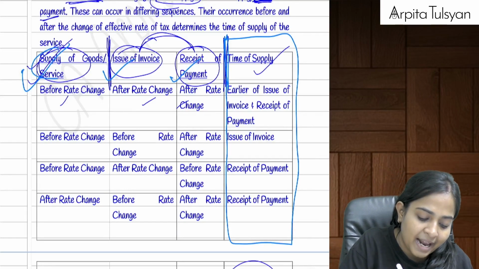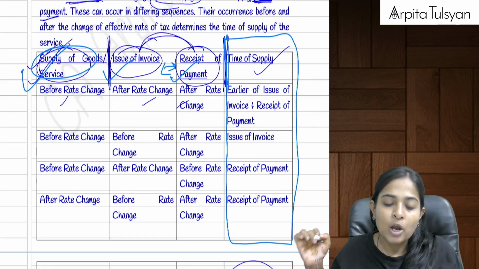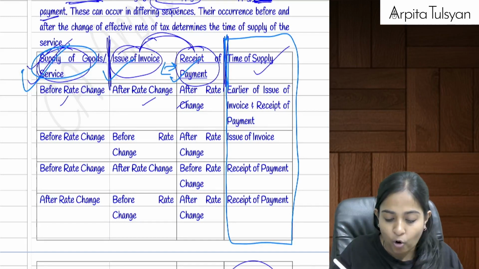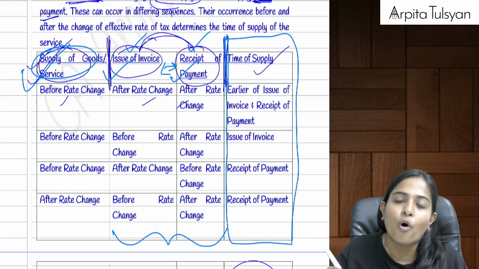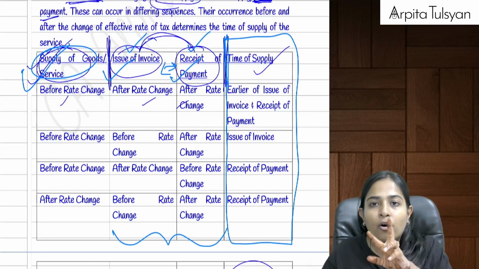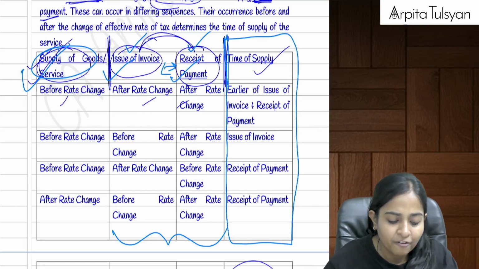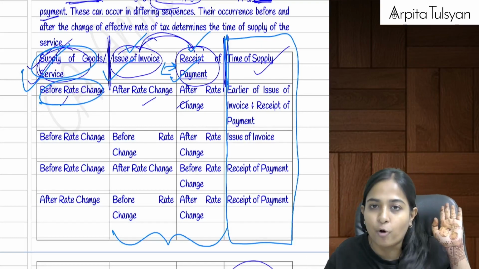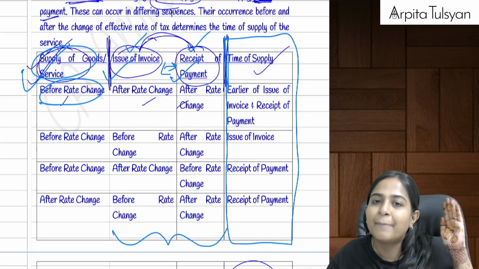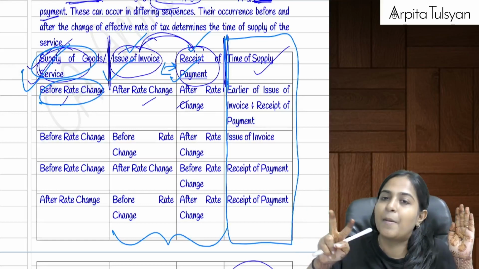Supply should match with either of the other two. Also remember, time of supply will always be either the issue of invoice date or the receipt of payment. Now let's say supply of goods happened before, but invoice and receipt of payment are after.